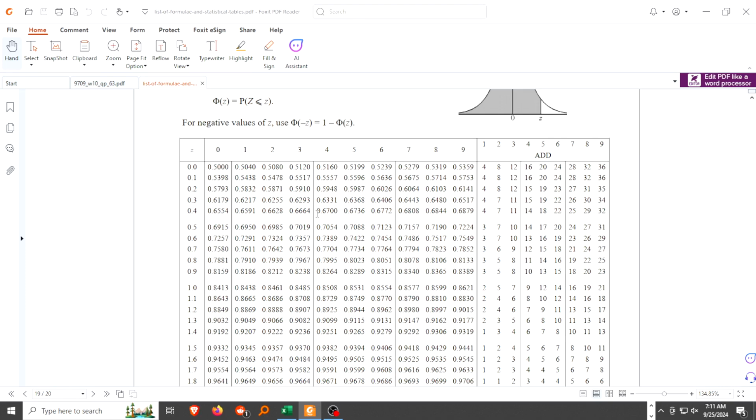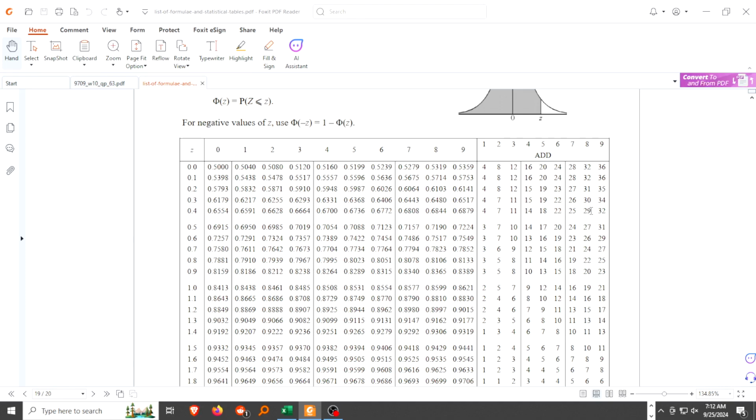0.6700. I note it somewhere. Then it is 0.4484, so I move to 8 because 4 is small. I would have taken 9, but now I move to 8. Under 8, I find 29. Then I add 29.